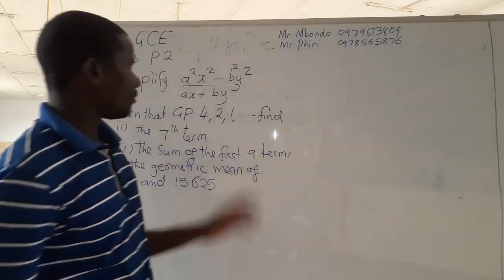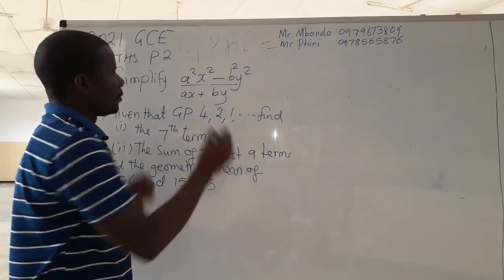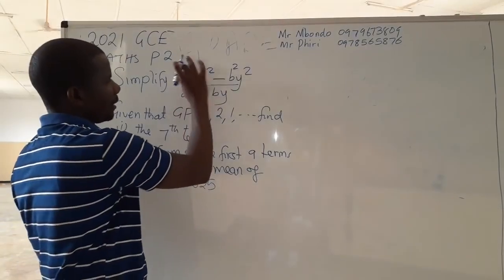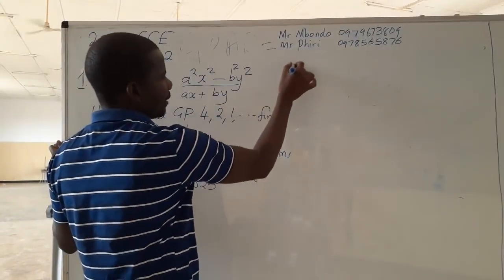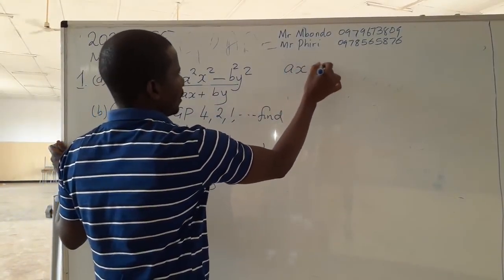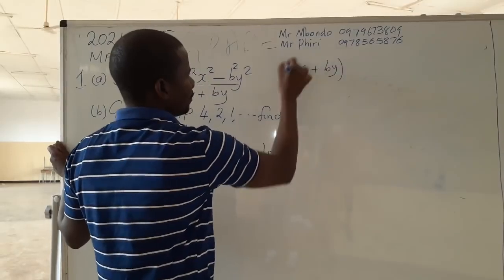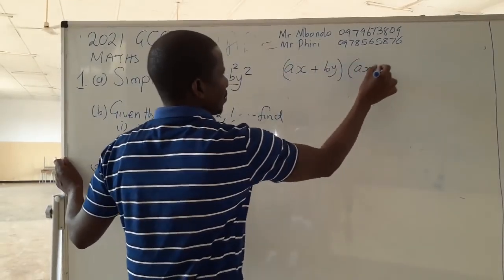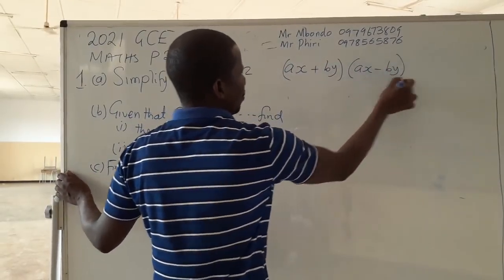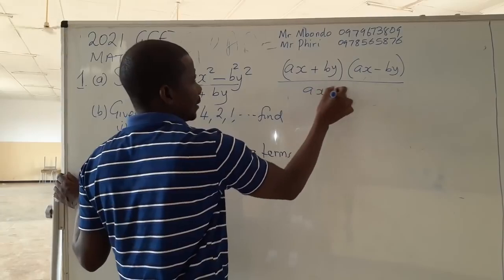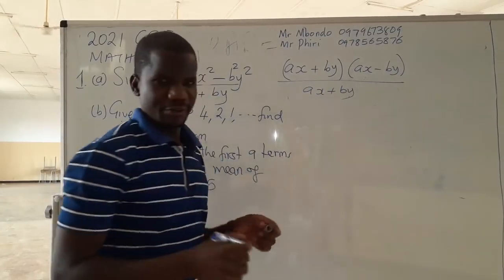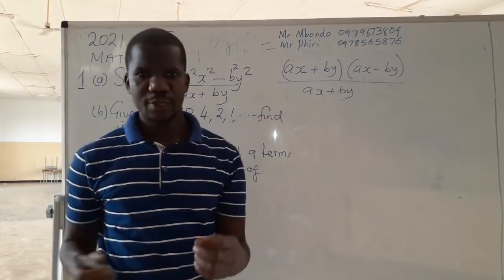So we can start with the first question. To simplify this one, we need to factorize the first part. How do we factorize it? We use a difference of two squares, isn't it? We use a difference of two squares to factorize the numerator.